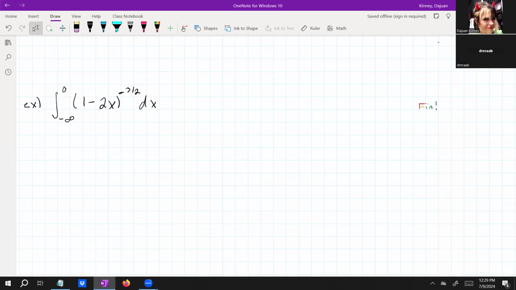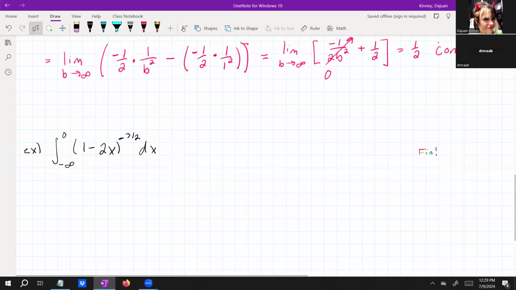All right, this is our last problem. Same idea. All right, limit. This time I'm going to use a goes to negative infinity, from a to 0, of 1 minus 2x to the negative 3/2, dx. All right, I am going to use a u substitution.